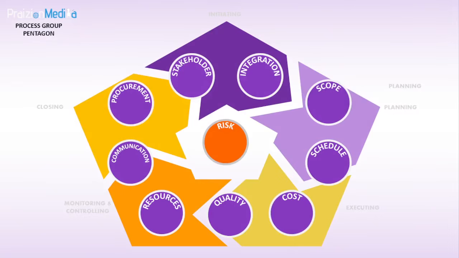So, this is a skill we definitely want to have. Finally, risk management deals with managing uncertainty. Procurement management deals with contracts and vendors and procurements. And stakeholder management deals with ensuring that your stakeholders are happy and engaged.